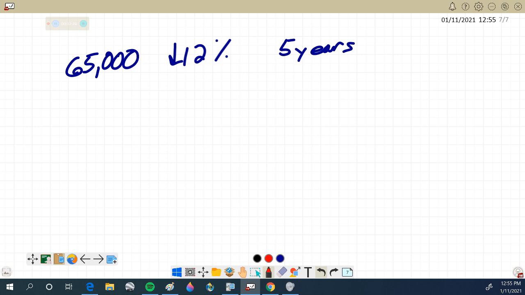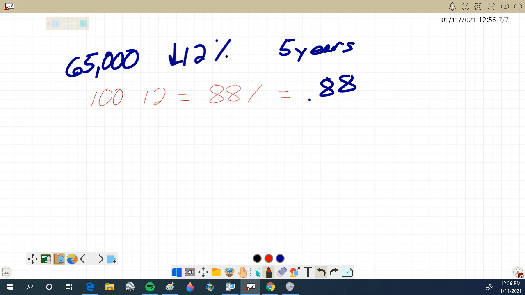You would take 100 plus 12. So instead of 100 plus 12, we're going to do 100 minus 12. So 100 minus 12 is 88%, which is 0.88. What does 0.88 mean? That's how much you get to keep. So if you lose 12% of your value, you keep 88%, and that other 12% just disappeared. It's gone.